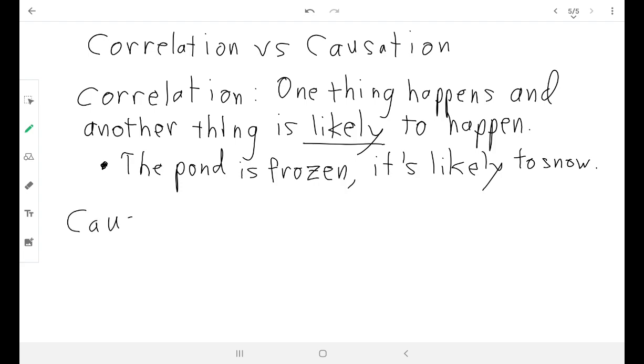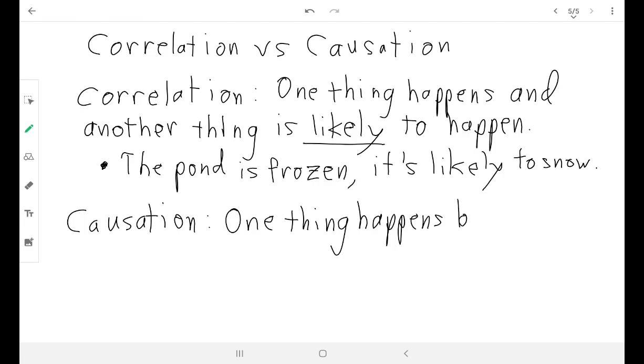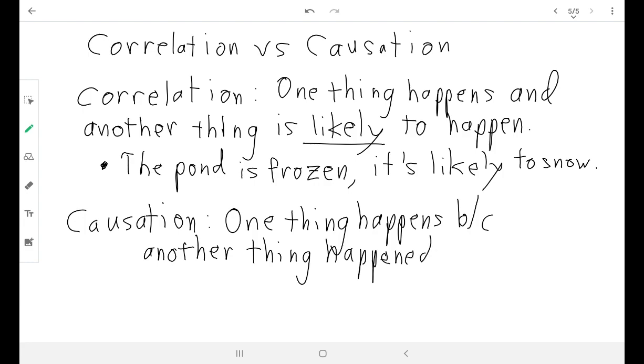On the other hand, causation. One thing happens because another thing happened. And this is guaranteed.